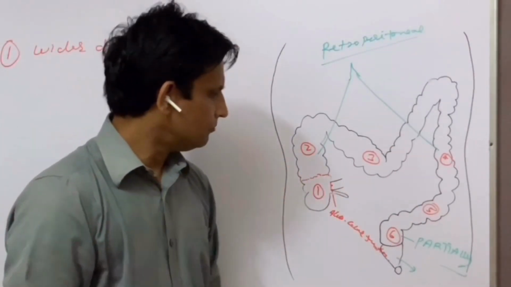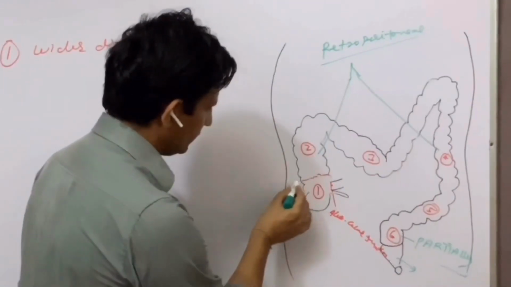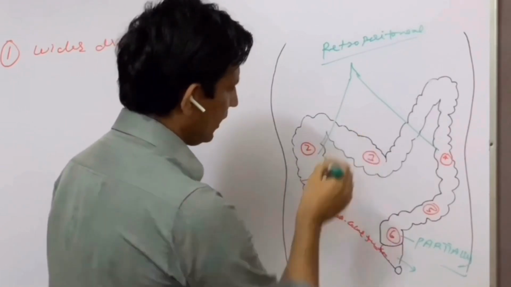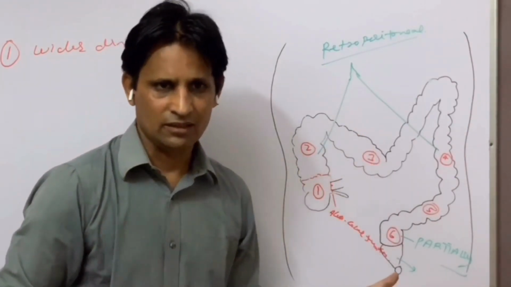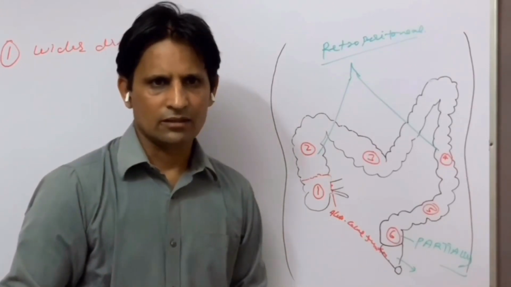Number two, in this diagram you can see these particular lines. These are the specialty of the large intestine.